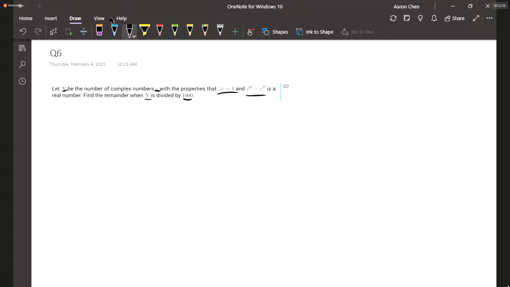Clearly z to the 6 factorial minus z to the 5 factorial is just equal to z to the 720 minus z to the 120, because these are the values of 6 factorial and 5 factorial. Now you can substitute something in for z to the 120 to make it easier.